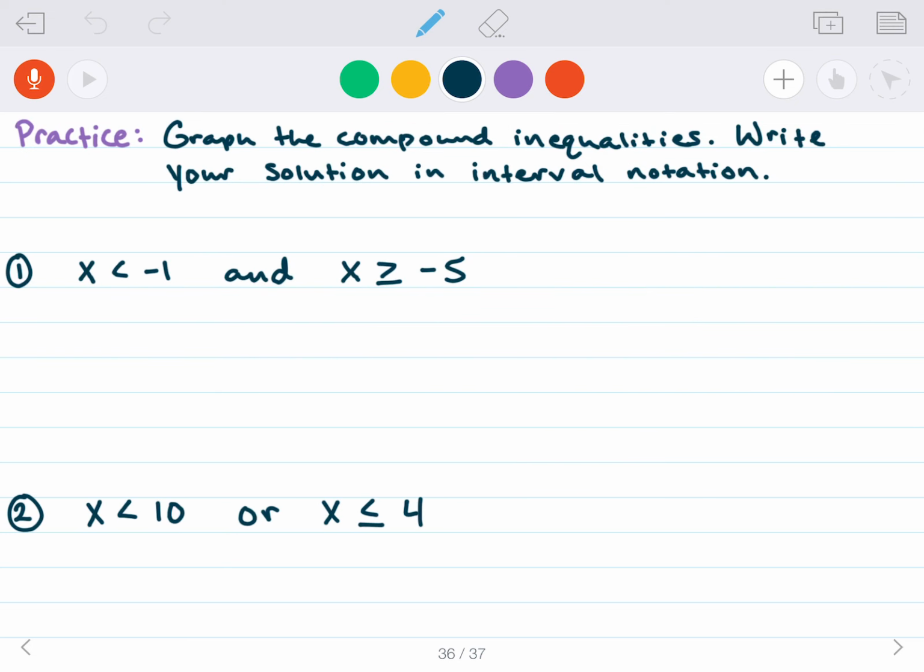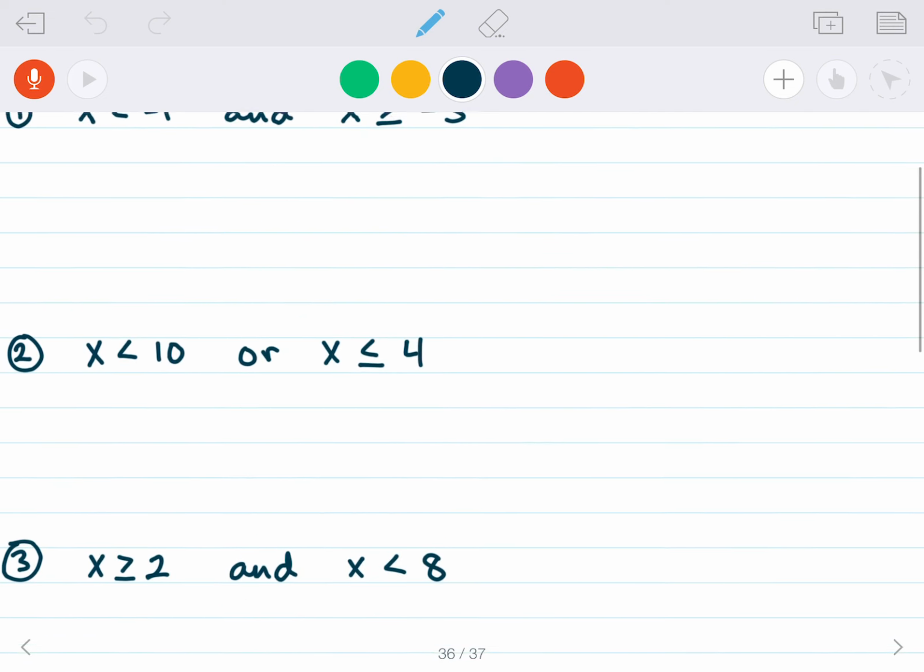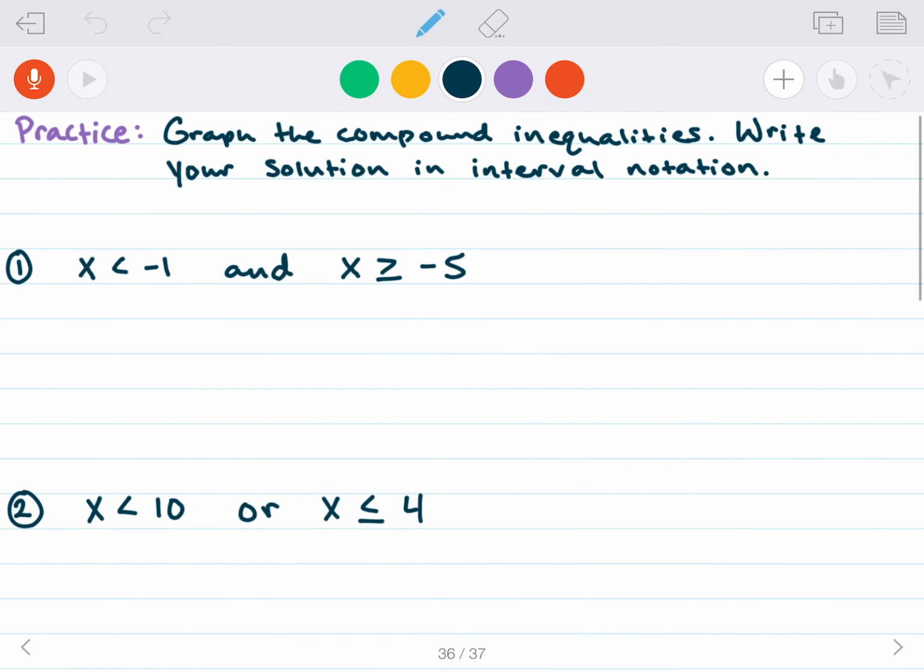Alright, so we want to graph the compound inequality, and we're going to write our solution in interval notation. Okay, so we're going from negative infinity to positive infinity. I'll put my points on here first. So we have negative 5, negative 1. I have an open dot at negative 1.